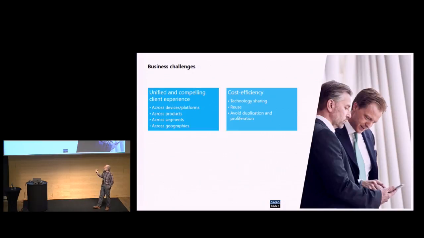Do that in a cost-efficient way by using as much technology sharing as possible, reuse, trying to avoid duplication and proliferation of technologies. So essentially, we serve all our clients from a single system, so we don't have multiple systems across geographic locations, but a single instance system where we host all the tenants in the same infrastructure.